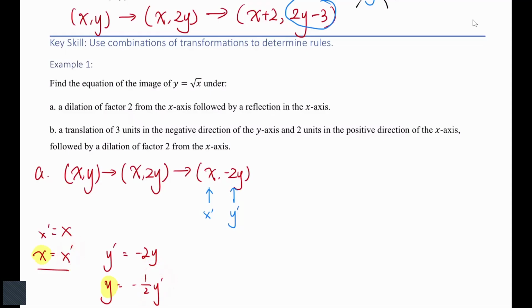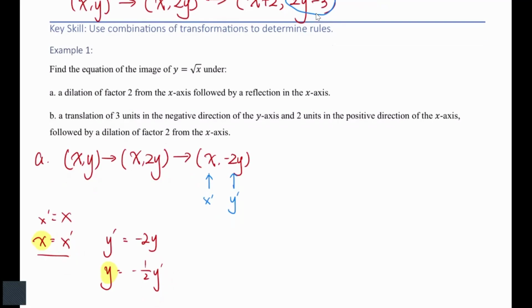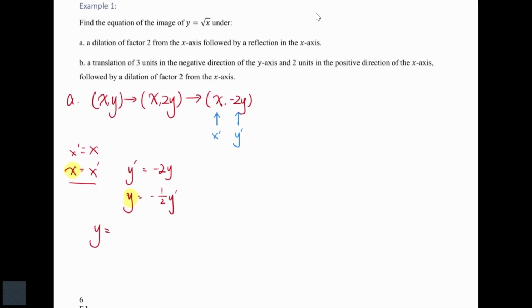That's it. All right. Now, before, we had the original graph in the form of y equals square root of x, so I can replace x and y by x dash and y dash. So negative a half y dash equals square root of x dash. After some rearrangement, y dash equals negative 2 square root of x dash.